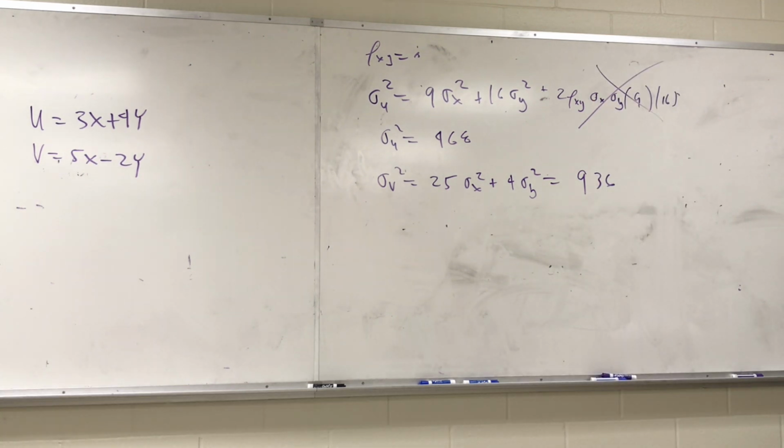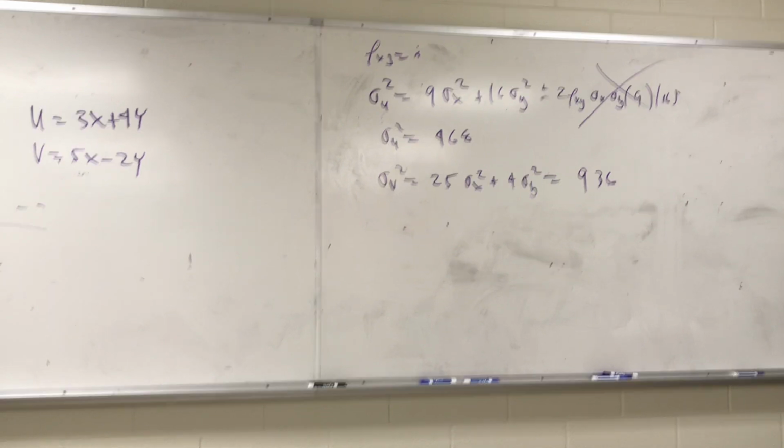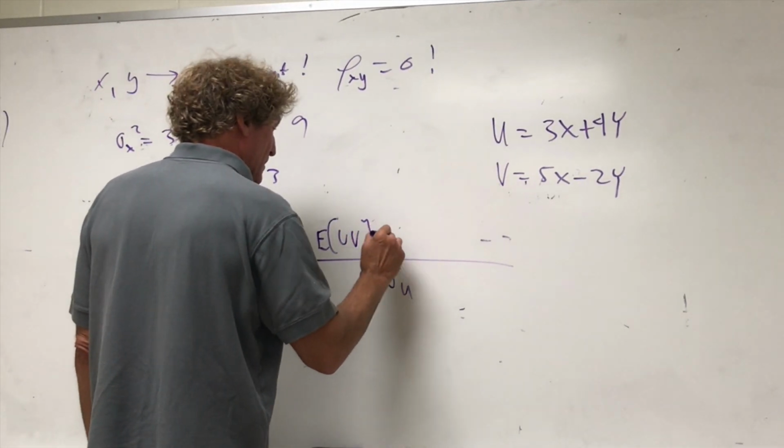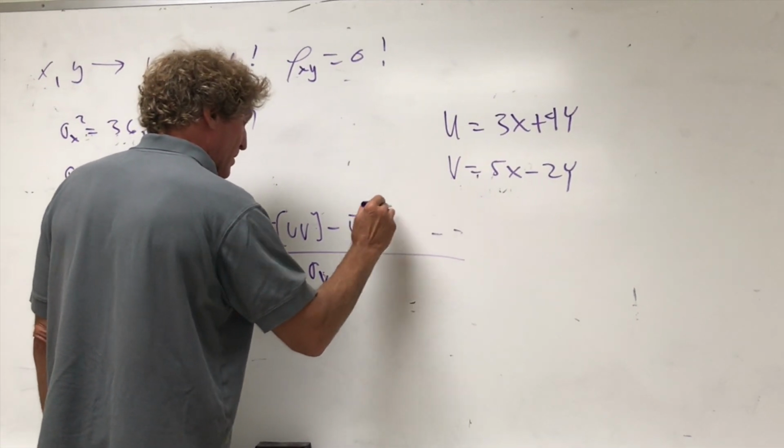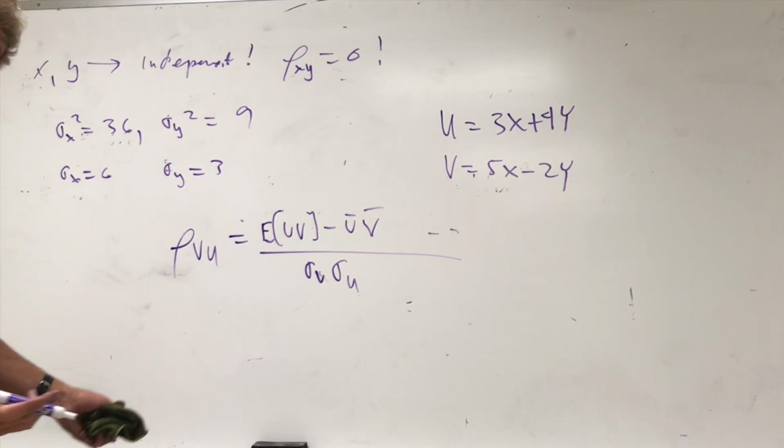Now, I want rho of VU, right? And in the book, he's going to have this, all over sigma V times sigma U. Whatever these variables are have to be here for the standard deviation. And then up top, it's the expected value of U times V, minus U bar V bar. Now let's just plug and chug.